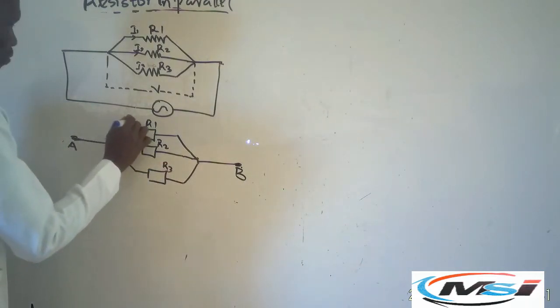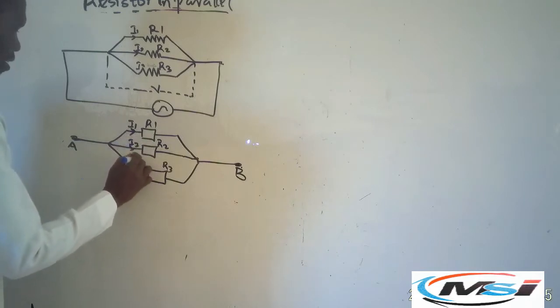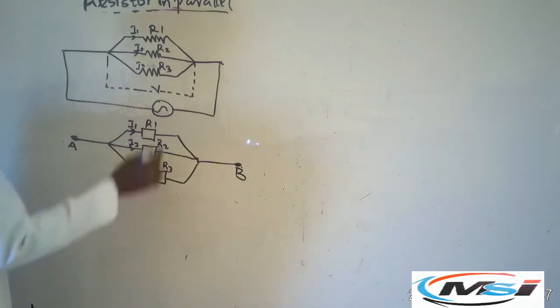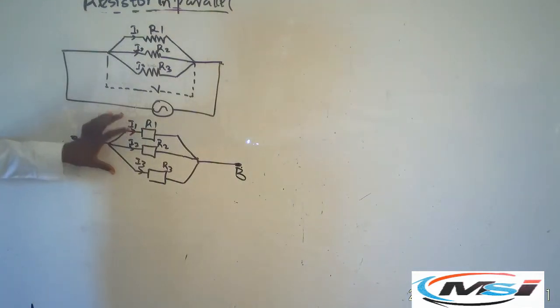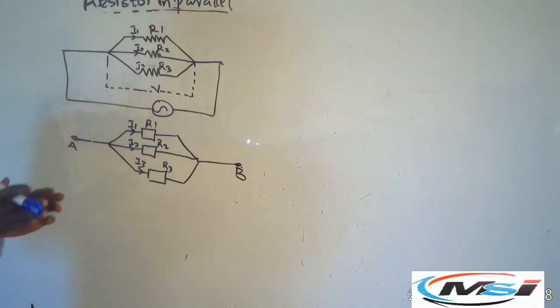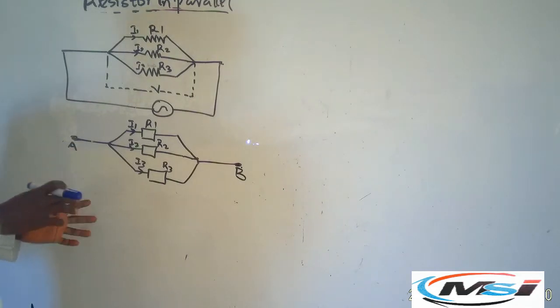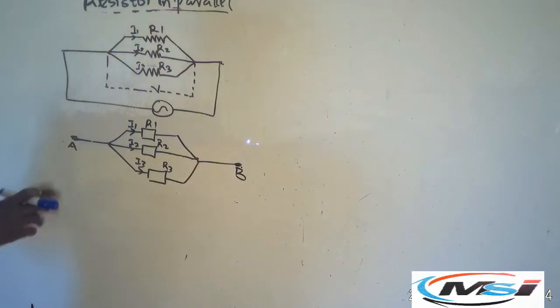Different current flows through I2 and I3, but the same voltage across this circuit. I believe you can compare series connection of resistors and parallel connection of resistors.